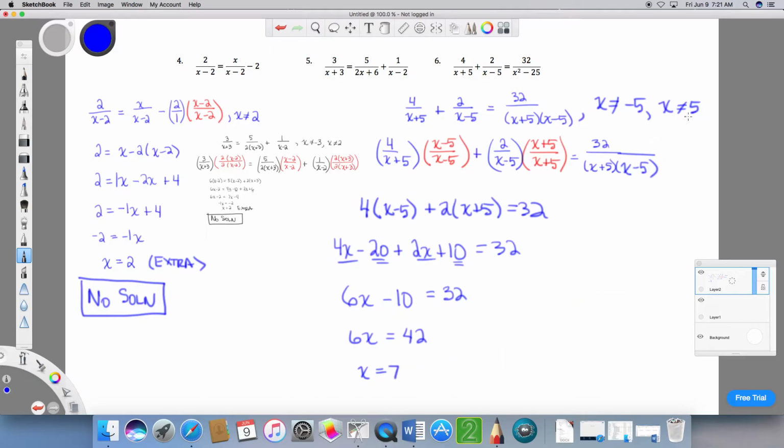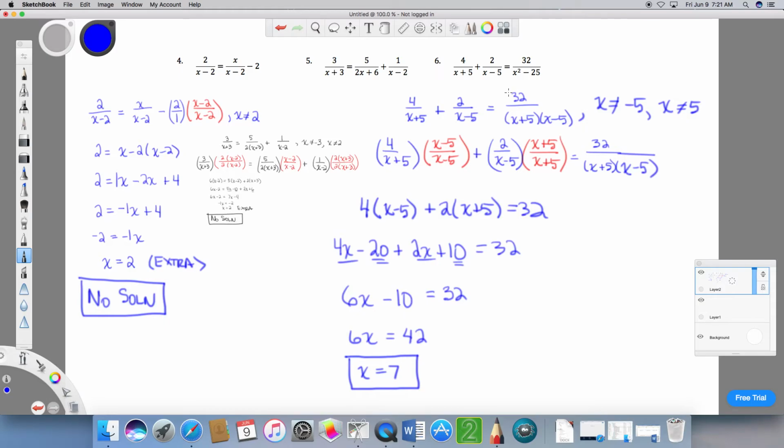That's not one of the values that we were concerned about. So I fully expect that if we substitute in x equals 7, the left-hand side of this equation will equal the right-hand side after you've plugged in that number 7.